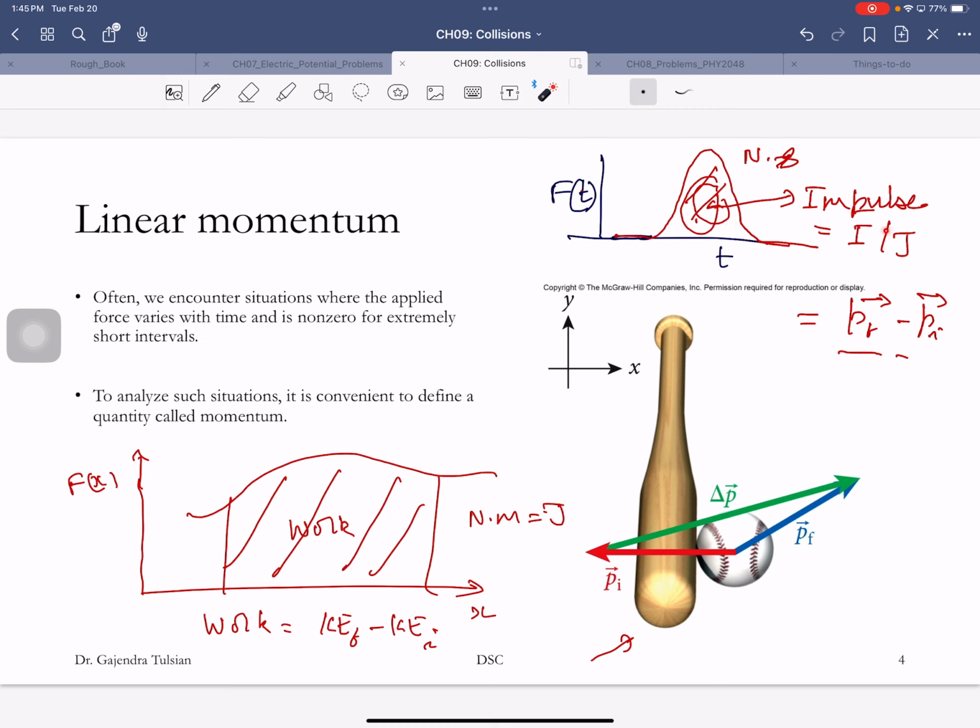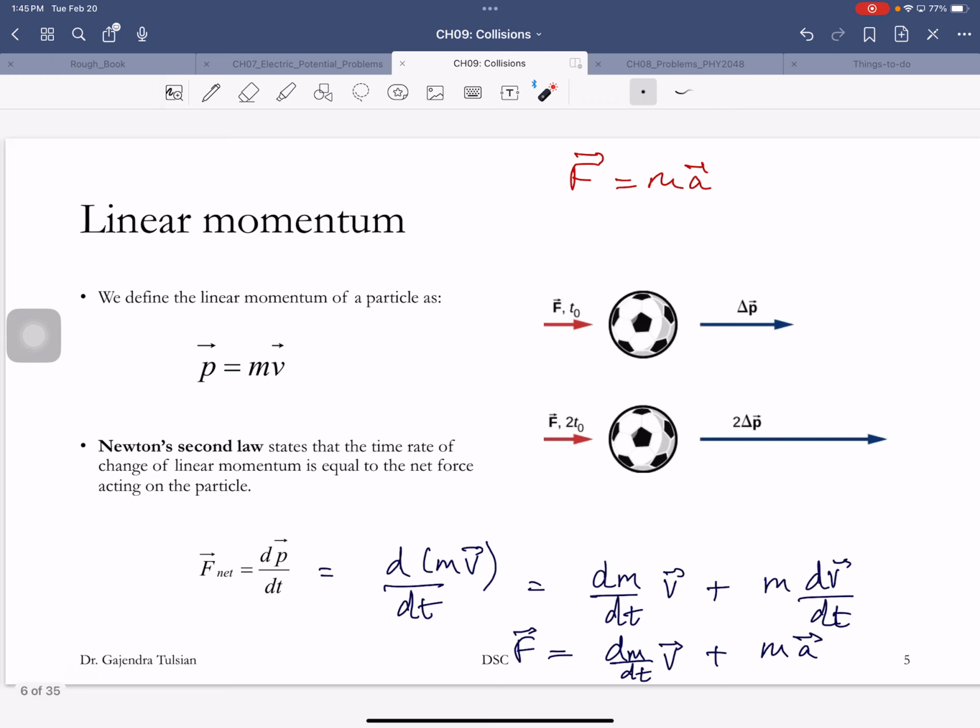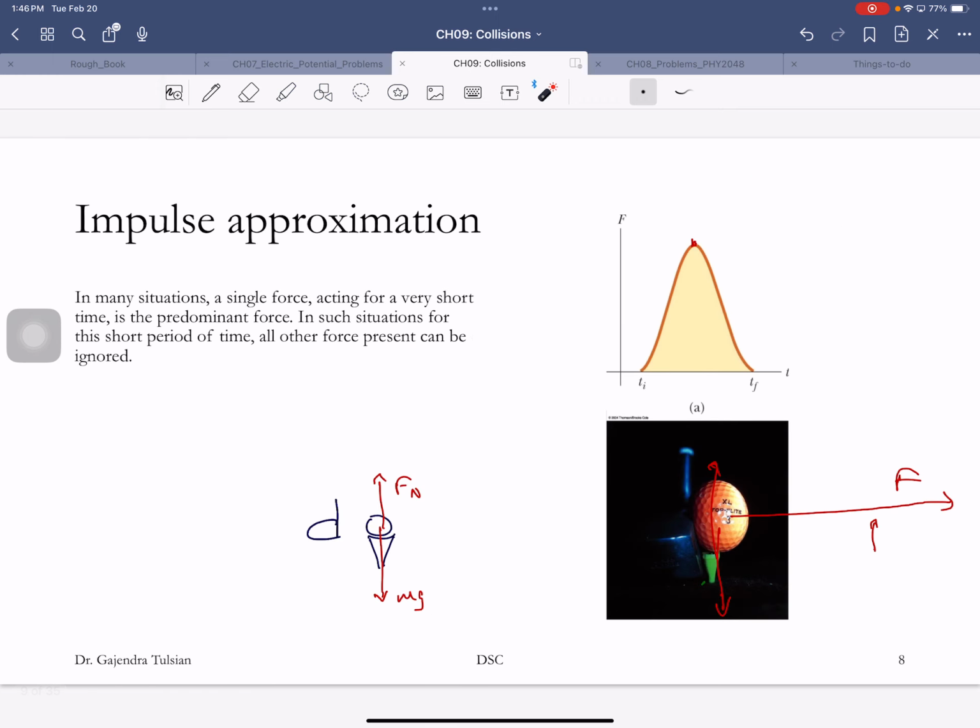And what an impulse does is it changes the momentum of the moving object. This area is called the impulse. So the only difference between Tiger Woods and me is his impulse is a lot greater than my impulse.